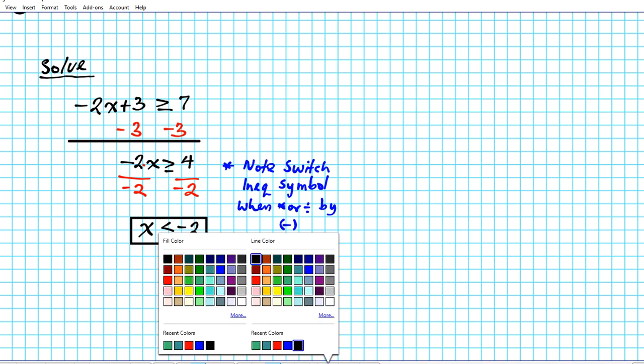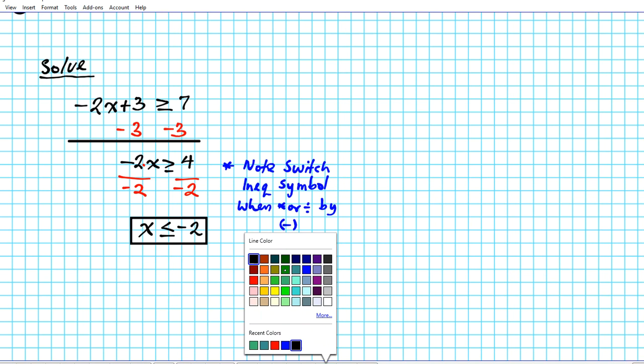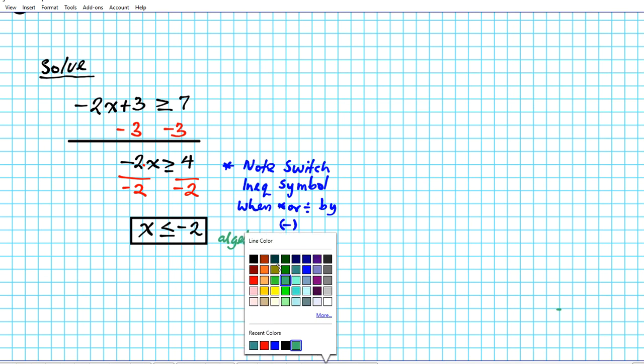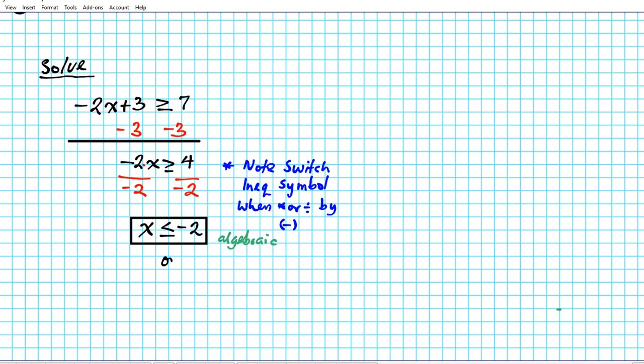So what we're going to do now is proceed to write down the answer in verbal format or word form. So how do you say this result that we just got here? How do you say this? You say this by writing x is less than or equal to negative 2.